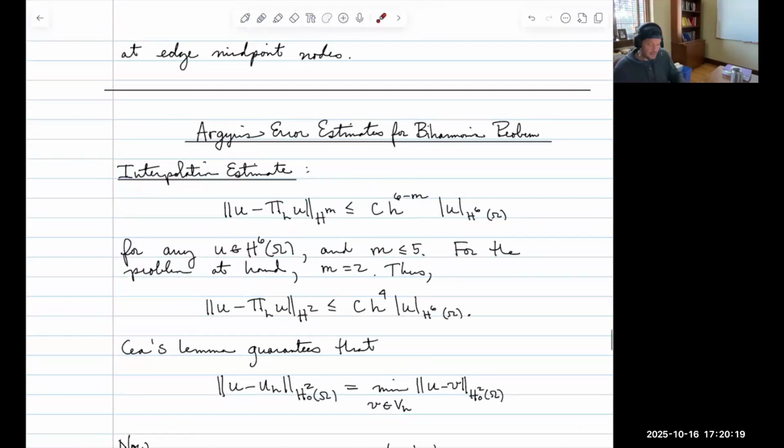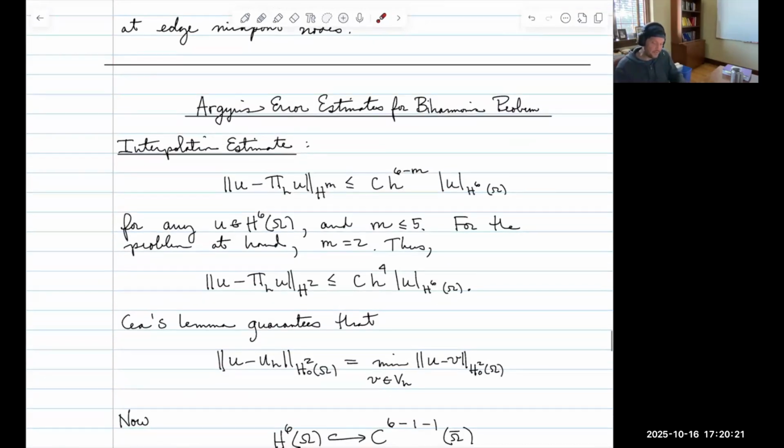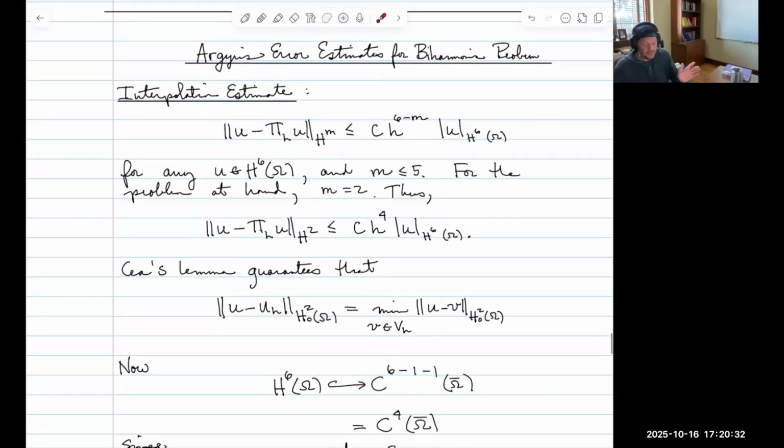So what I will do is push this topic to the next lecture and stop here. But it's basically using all the pieces that we've used before. Say's lemma, we need an interpolation error estimate. We put those two things together and we get an error estimate for our problem.